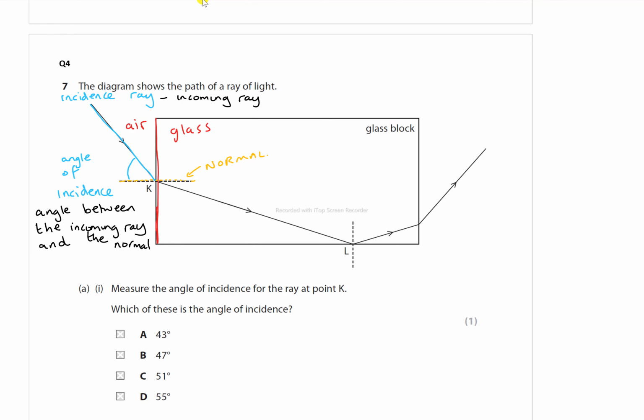But what else do you need to know? Right, what color can we use? Green. So now this is the ray that's gone through. So this here is the refracted ray.